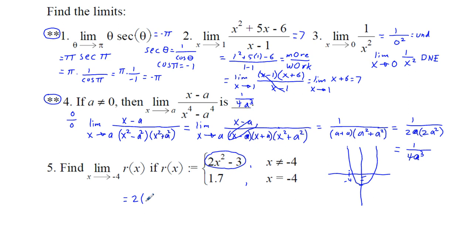So we have 2 times -4 squared minus 3. That's -4 squared is 16, and 2 times 16 is 32 minus 3 equals 29. So that's going to be our answer here, 29. So that's number 5.